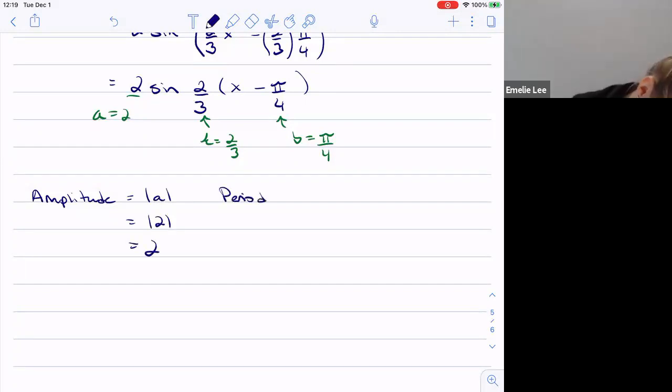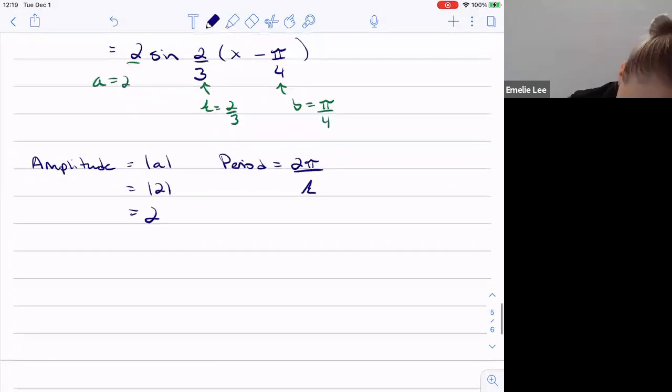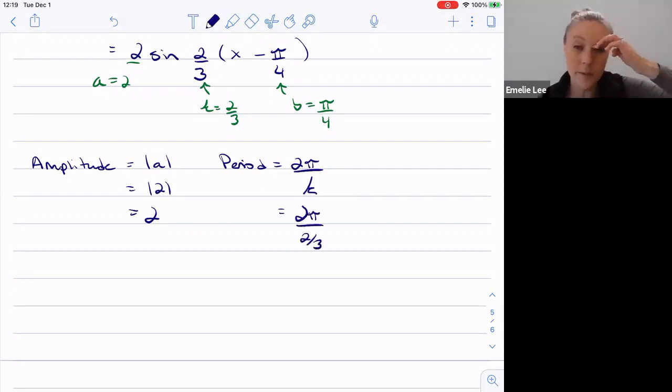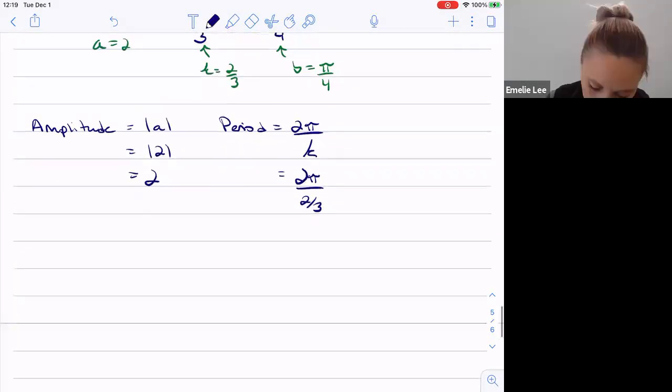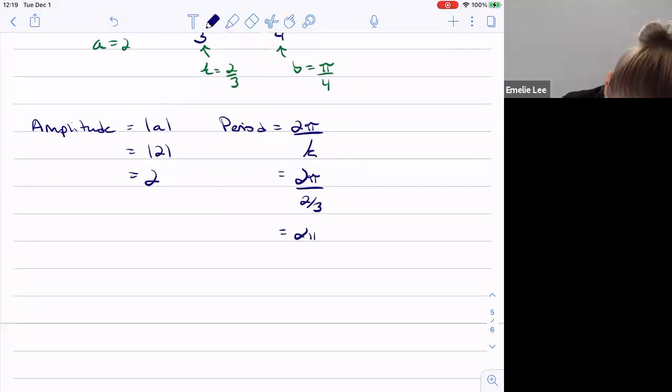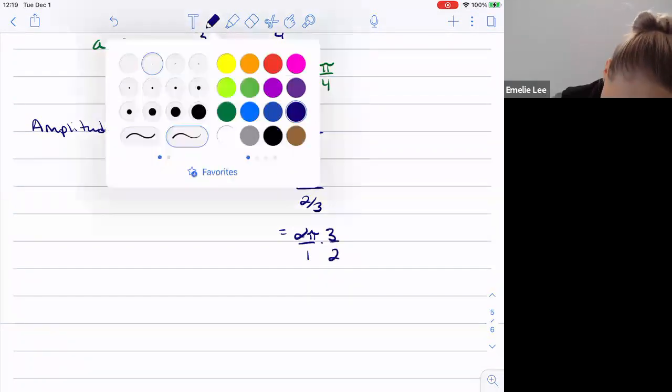The period is 2 pi divided by k, which is 2 pi divided by 2/3. Remember, this is essentially just a fraction over a fraction. So you've got 2 pi/1 times 2/3 gets flipped, 3/2.